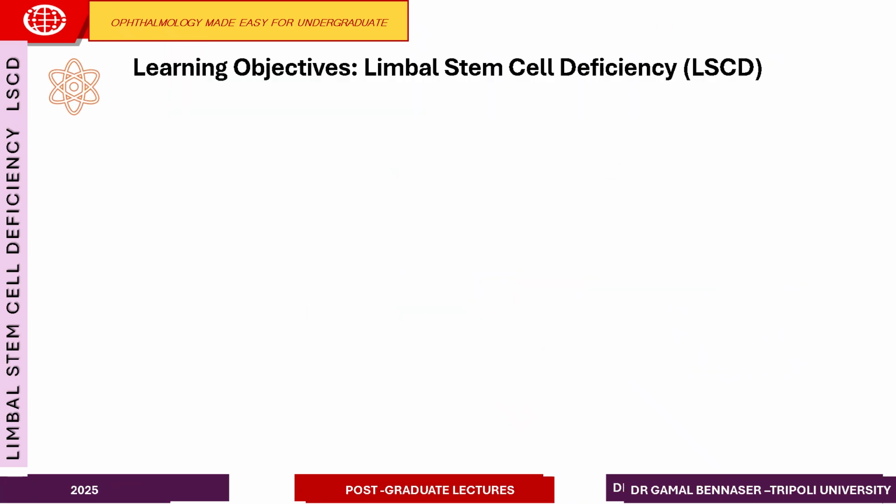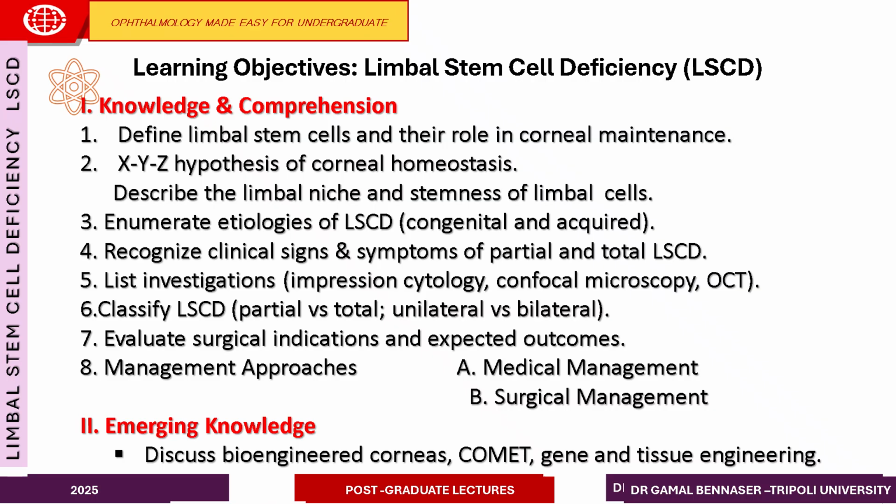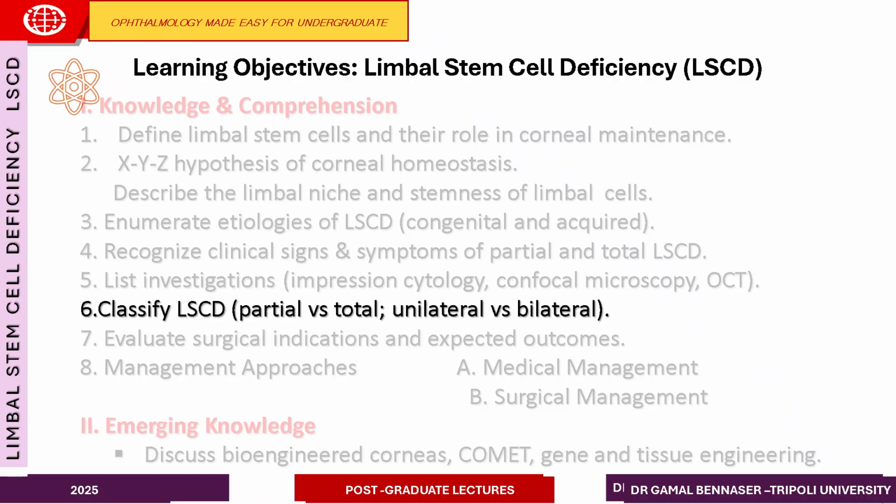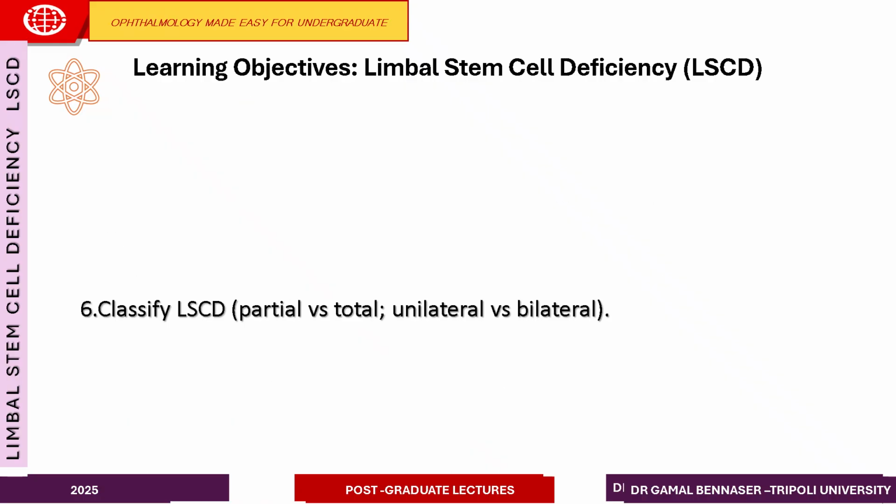Now we come to the sixth point in our learning objectives of this lecture, which is regarding the classification of limbal stem cell diseases. Now, based on the International Limbal Stem Cell Deficiency Working Group, which published a landmark known as the Consensus Statement in 2019 to standardize the definition and the diagnostic criteria and even the staging of limbal stem cell disease, they advise to follow the staging system made by them to plan for the management of the case.